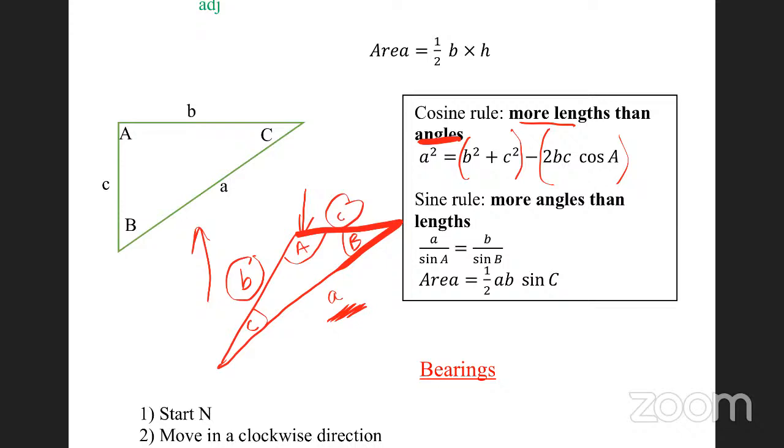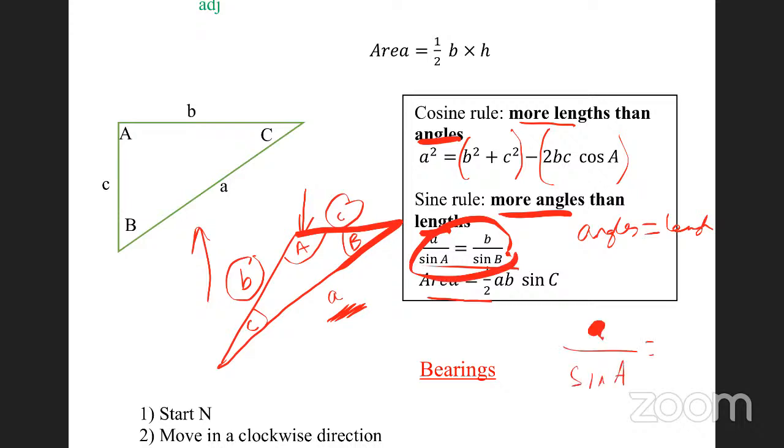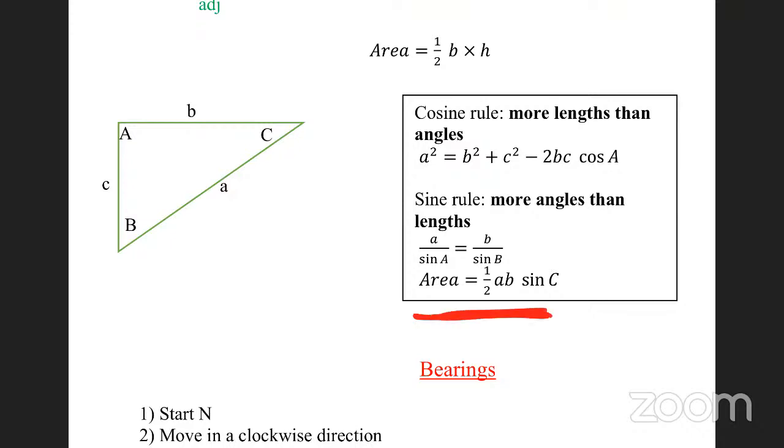If you have more angles than lengths, or angles equal to lengths, then you use the sine rule. Sine rule is the length over sine of the angle. Then you have area of a non-right angle triangle: half ab sine C.